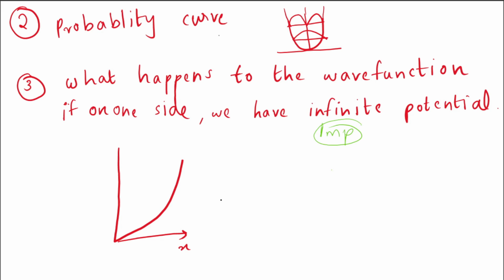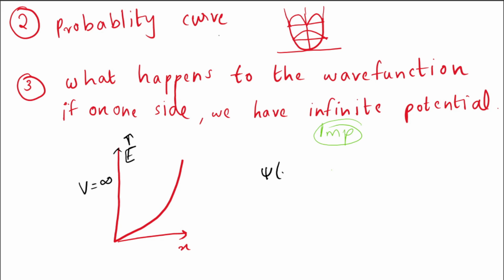So if we make the potential infinite on one side, and here on the right side it is normal, what happens to the wave function? It is simple. We can see that. What is the wave function of a harmonic oscillator?